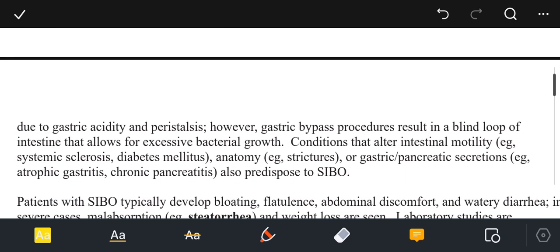However, the gastric bypass procedure results in a blind loop of intestine that allows for excessive bacterial growth. Conditions that alter intestinal motility, for example systemic sclerosis and diabetes mellitus, anatomy, for example strictures, and gastric and pancreatic secretions, for example atrophic gastritis and chronic pancreatitis, also predispose to SIBO.